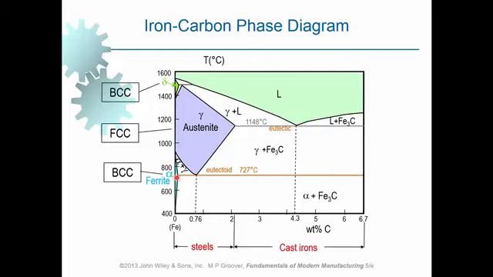At this point, we will have the maximum solubility of alpha iron for carbon, that is 0.022%.